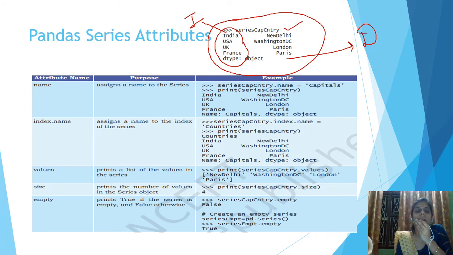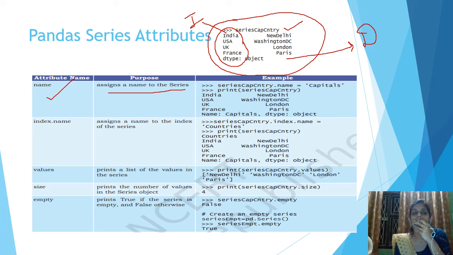Now let us see these properties of pandas series. The first property is name. It assigns a name to a series internally in memory. The series cap country is a variable name, but the name of the series is different from that and it is assigned by using the name attribute. Here is the example, series cap country dot name.